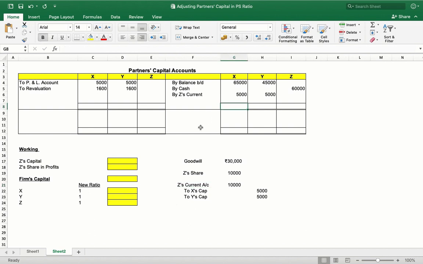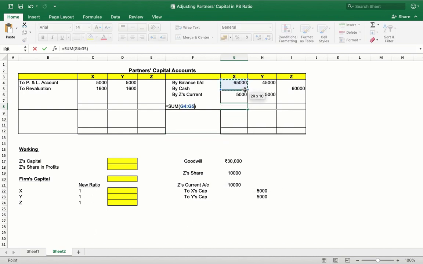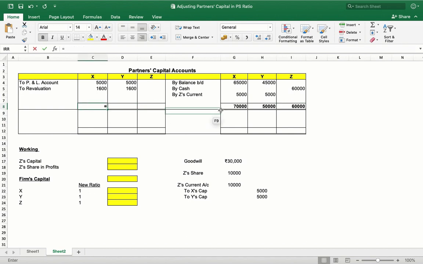Now after doing all adjustments, let's find out the balance of partners' capital account. So the total of credit side for Mr. X is 70,000, and let's see for others. For Y it is 50,000, for Z it is 60,000. Now the same amount I will write on the debit side in order to get the balance.